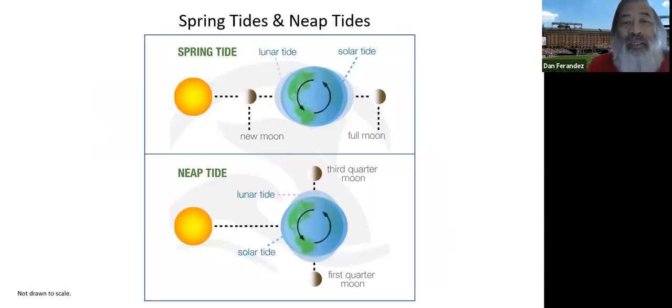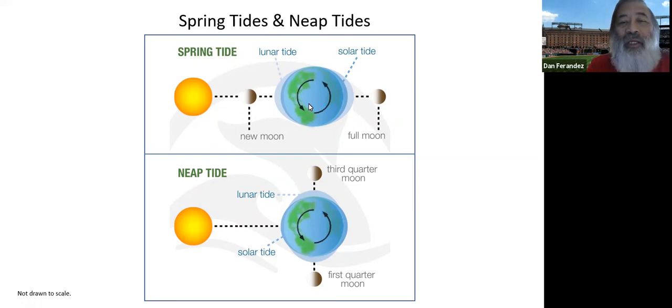Basically, a neap tide is when you have the configuration of the sun, the earth, and the moon at a 90-degree orientation. Spring tide is when you have them in alignment.